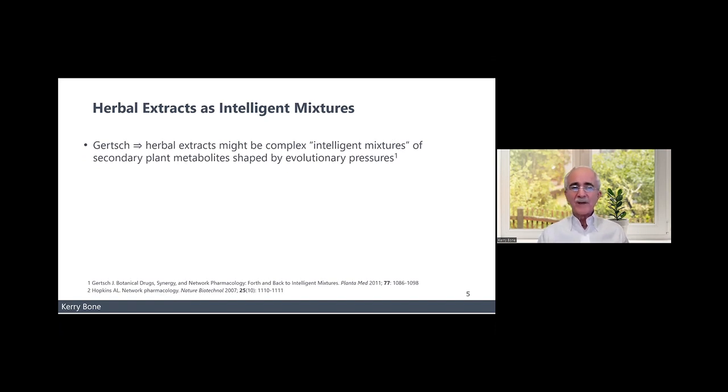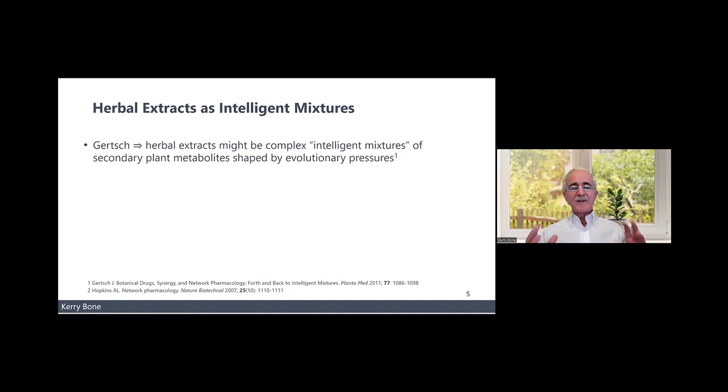He's now working in the field of phytocannabinoids, because the discovery he made was that the alkylamides in echinacea are phytocannabinoids. So he proposed that herbal extracts might be complex mixtures with an inherent intelligence about them from a pharmacological perspective. In other words, intelligent mixtures.